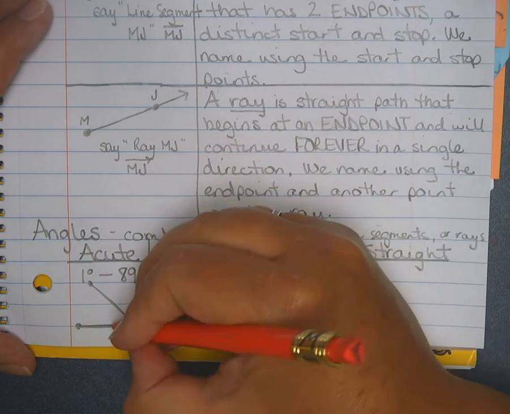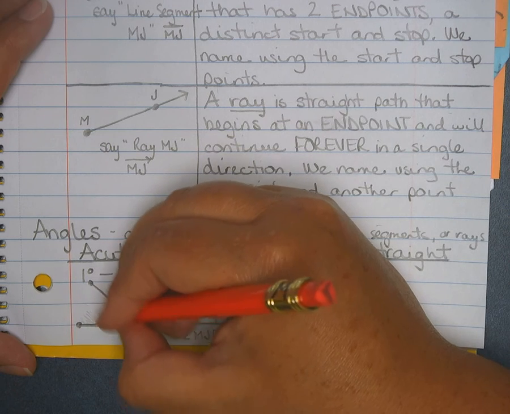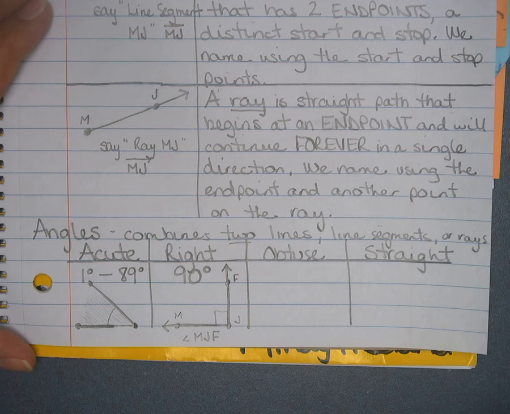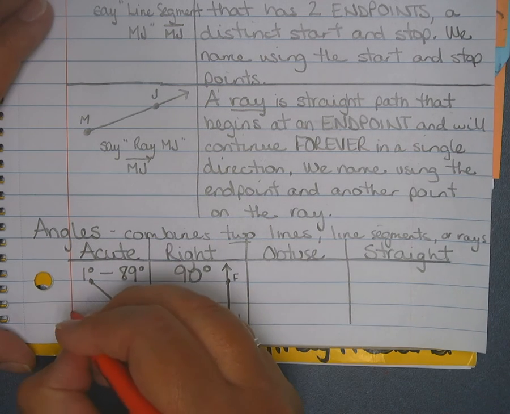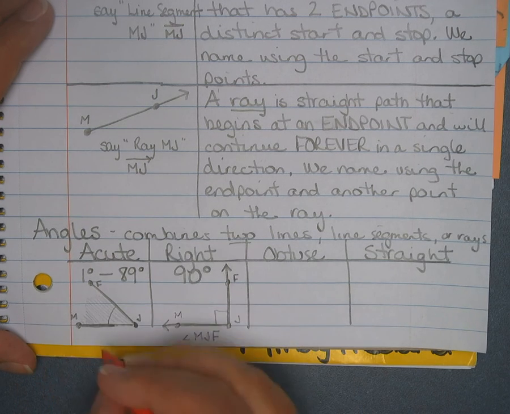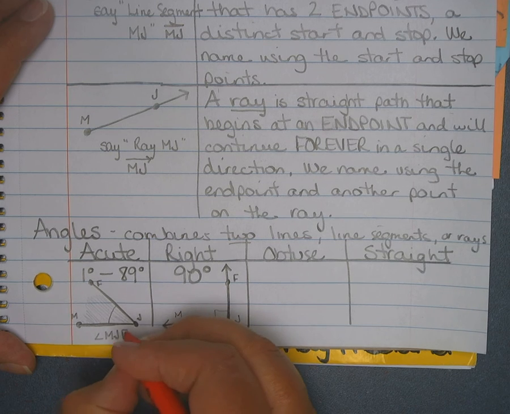Okay, and we're going to say that in here, this space being less than 90 degrees would be an acute angle. Again, I'll use my initials, M, J, F, and we would again label this as angle MJF.